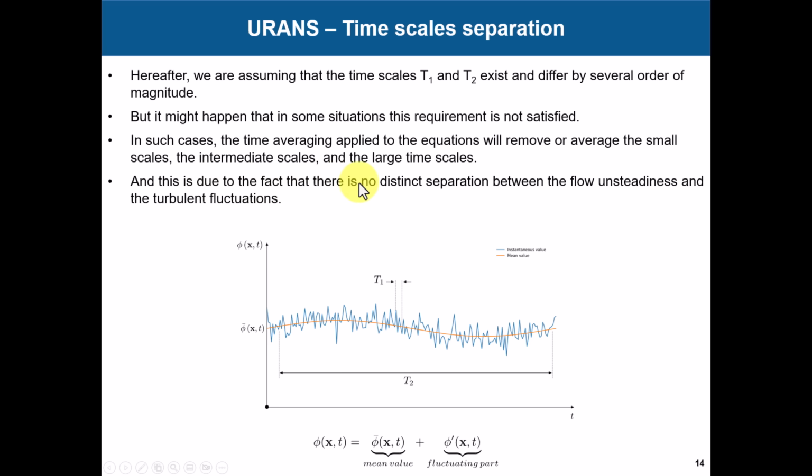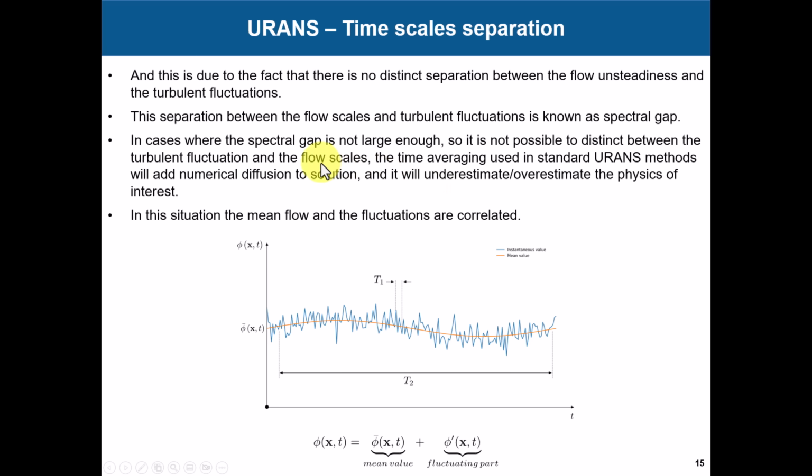This is due to the lack of separation between those scales, between flow scales and turbulent fluctuations, what we know as a spectral gap. And this spectral gap is not large enough.